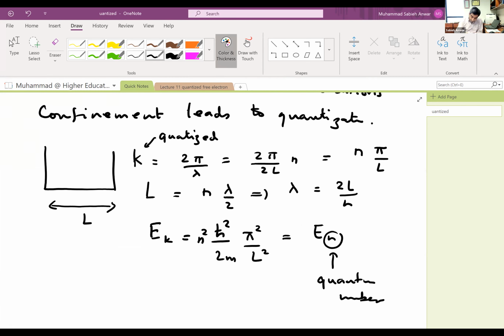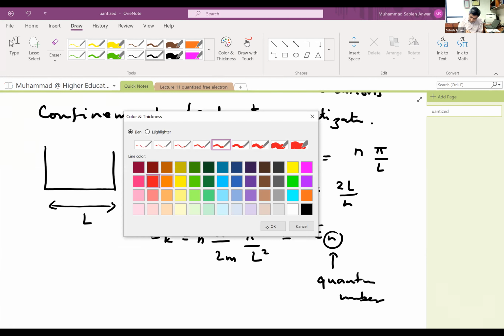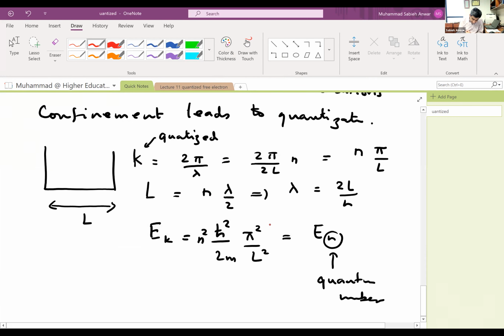If we were to plot the energy manifold, n equals 1 gives a certain energy, 2 gives a certain energy, and 3 gives a certain energy, and 0 really means that the particle doesn't exist. So the energy becomes quantized because of confinement. And confinement assumes that at these boundaries, the wave function must go to 0.